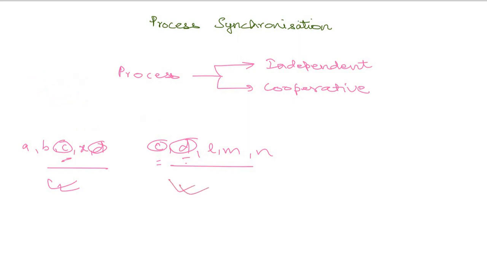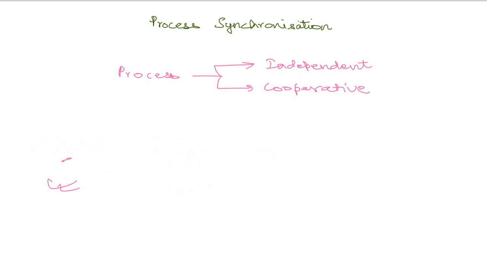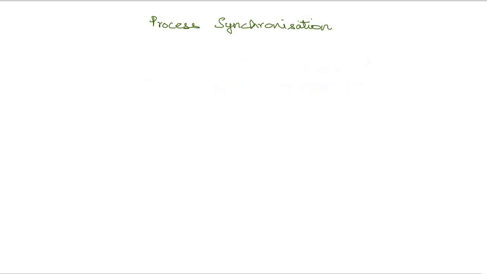So let's see an example of such a case and what problems we might face in such a case. Let's say we have two processes, process P1 and process P2, and let's say this is a function, void take, and this is void give.